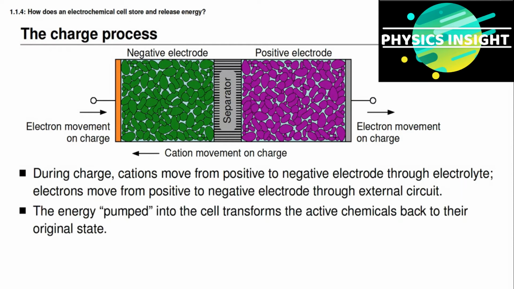This action happens in response to an externally applied voltage that is greater than the rest voltage at the terminals of a battery cell. Because this external voltage is higher than the cell voltage, there's a greater potential energy exterior to the cell than there is interior to the cell, and so energy is pumped back into the cell, and it's that energy that transforms the active chemicals back to their original state.